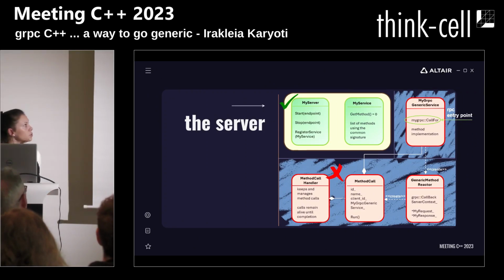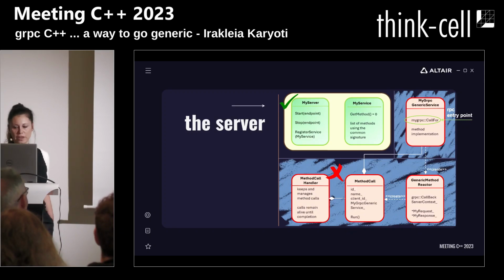On the server, you will see on the right that we have my grpc generic service implementation, where this call for code implementation is, and this is the RPC entry point for each call we initiate from the client. Once an RPC comes there, it creates a generic reactor like we saw before.